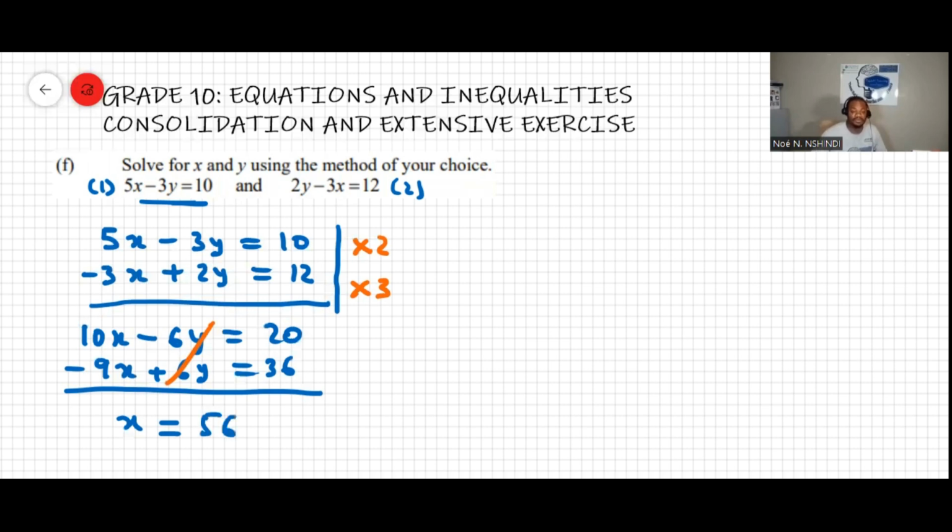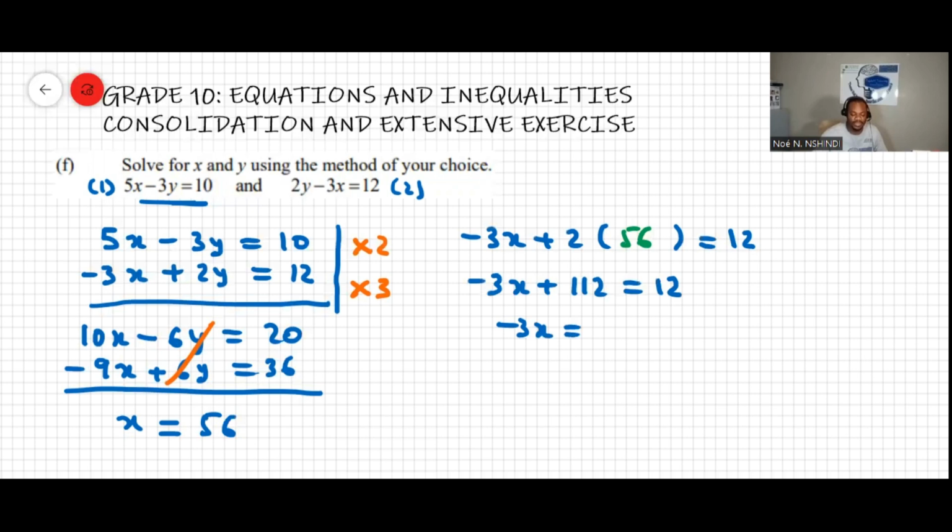Now, I'll substitute that value in the other equation, which is negative 3x plus 2y equal to 12. I substitute the value of x, which is 56. So this will be negative 3x plus 56 times 2 is 112 equal to 12. If I move this over, that makes negative 3x equal to negative 100, because 12 minus 112 is 100.